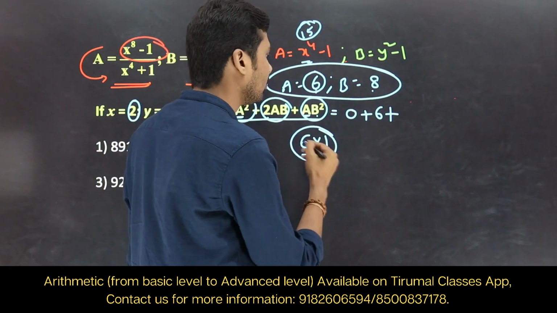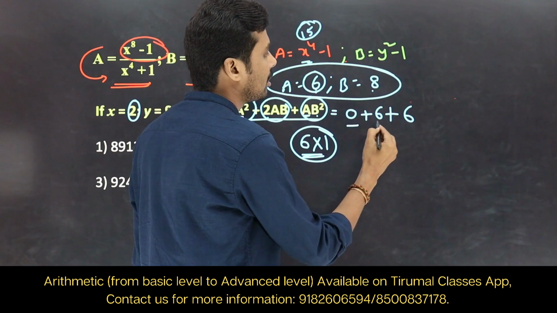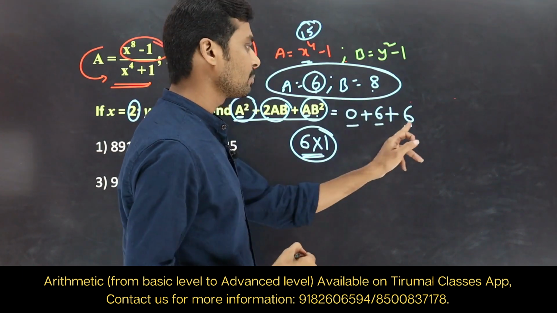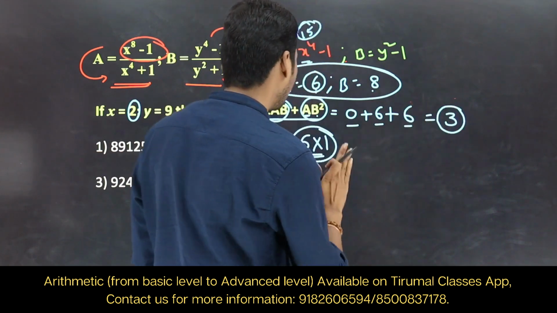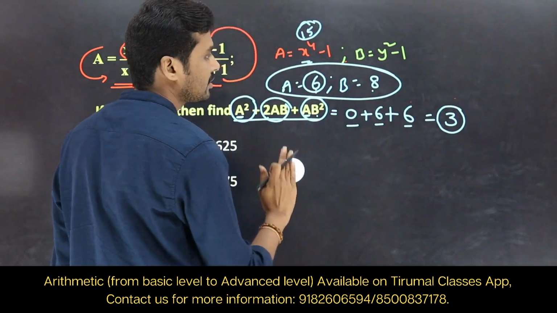So the DS value here is 1. So 0 plus 6 plus 1, what is the DS value? 7. Hmm, so the total is 0 plus 6 plus 6, so 6 plus 6 is 12. 12 means what is the final DS? 3. The final DS value is 3.